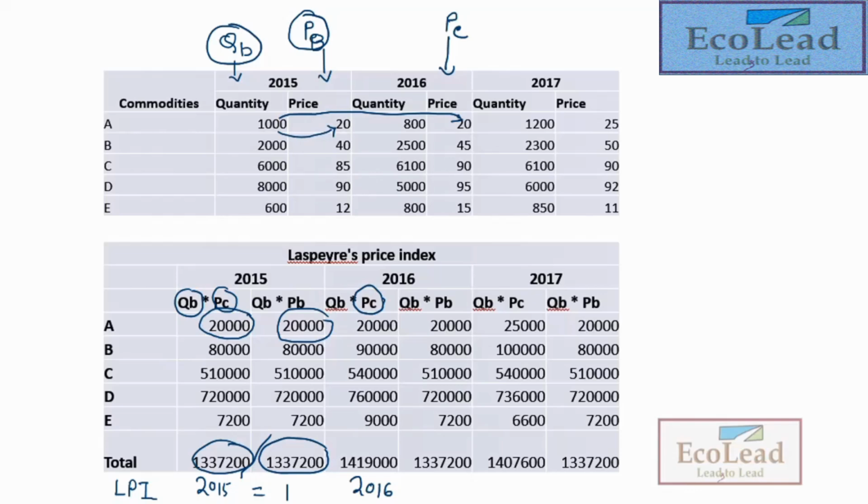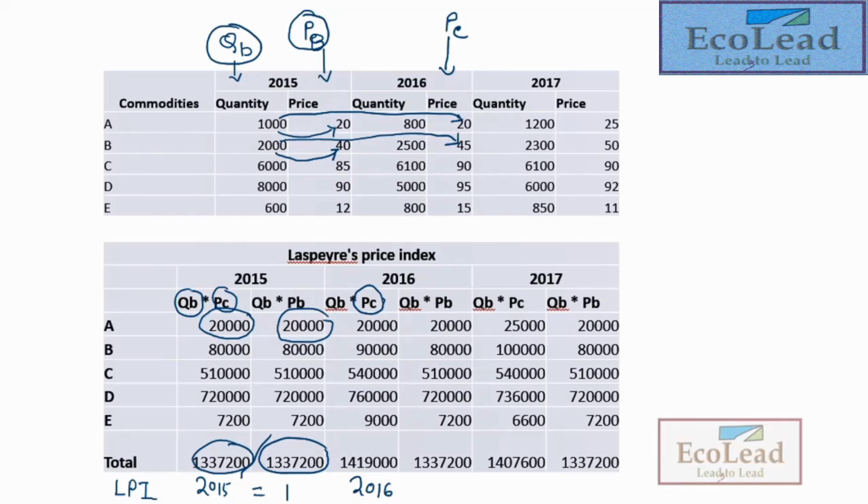For commodity B, for the numerator we will take the quantity for 2015, that is 2000, and we will multiply it with the price 45, that is the current year price of 2016. And in the denominator, the quantity will be 2000, that is the base year's quantity, and the base year's price we will consider here, that is the price of commodity B in 2015, which is 40.